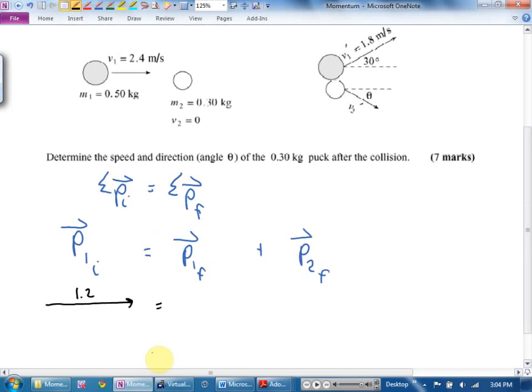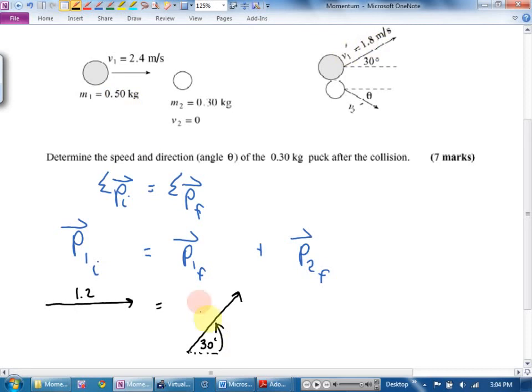Afterwards, my momentum looks like this. Momentum 1 final is that way, where this is a 30-degree angle, and momentum is what times what? So I got the velocity, here's the mass.